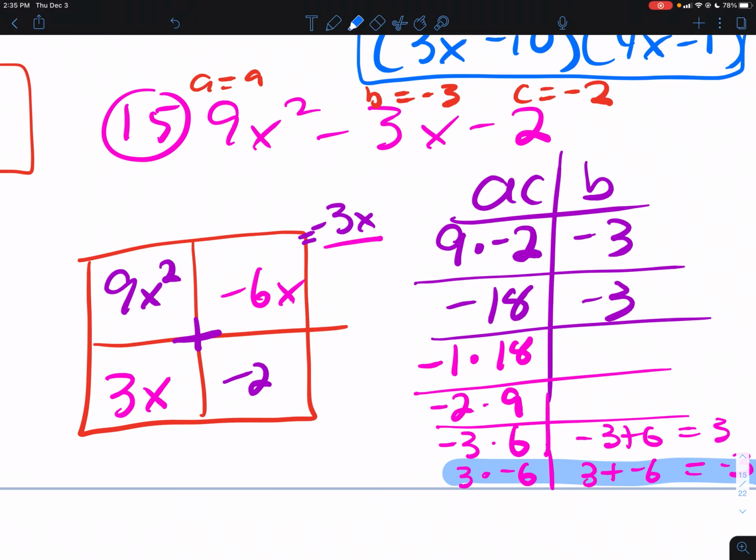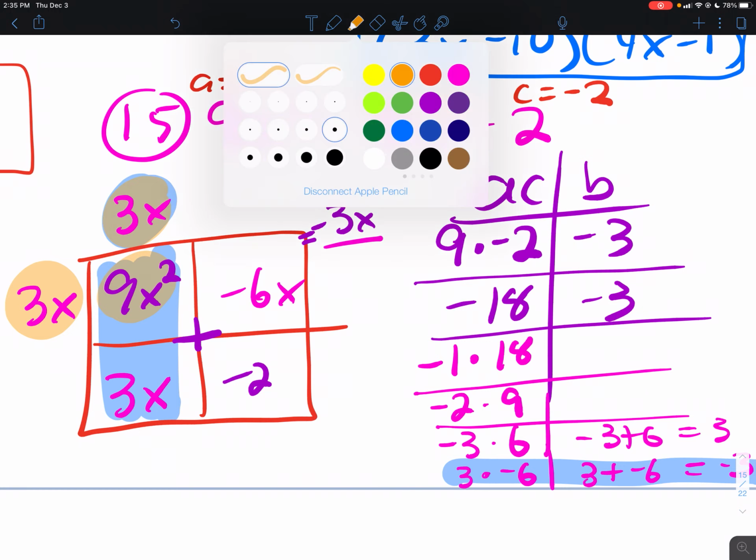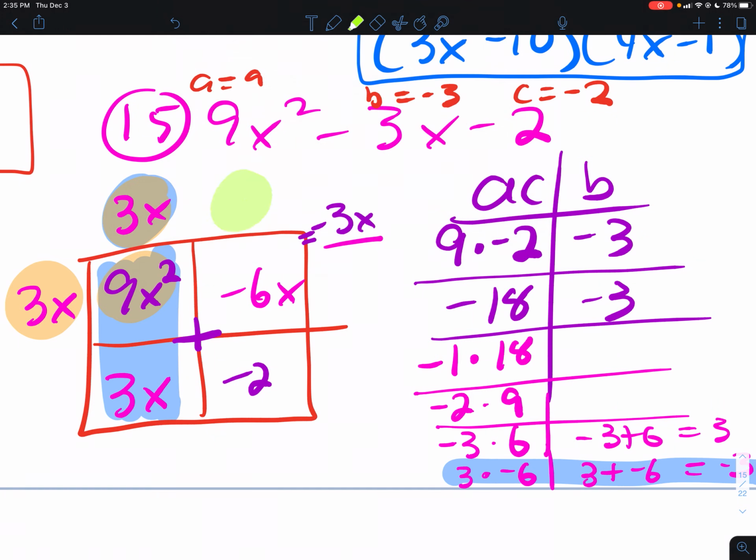And then we do GCF. I'm going to do this one. GCF of 9x squared and 3x is going to be 3x. Which means this one has to be 3x because 3x times 3x is 9x squared. And then what times 3x gives us negative 6x?